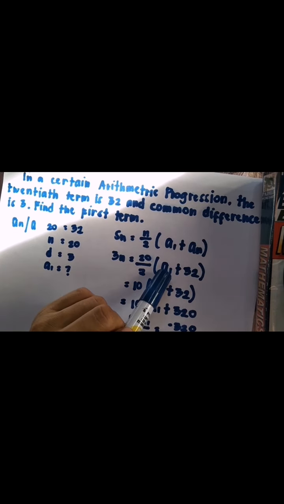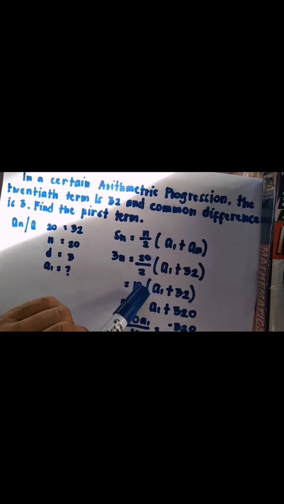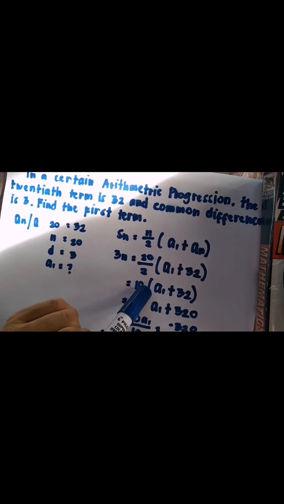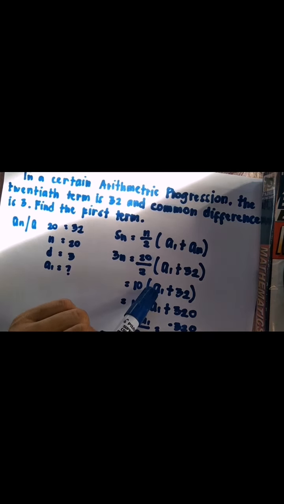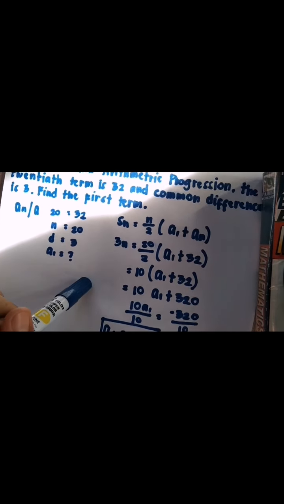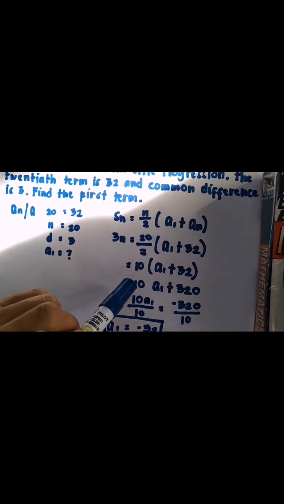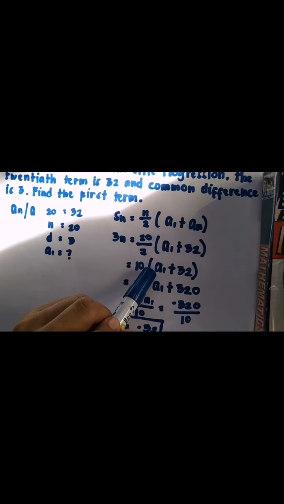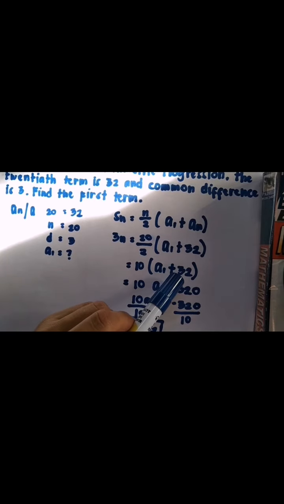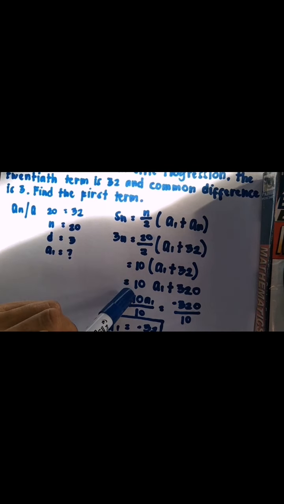Then copy this value, times a sub 1 plus 32. Then 10 times 32 becomes 320.